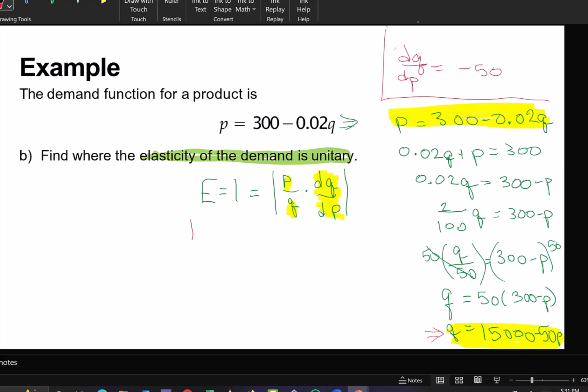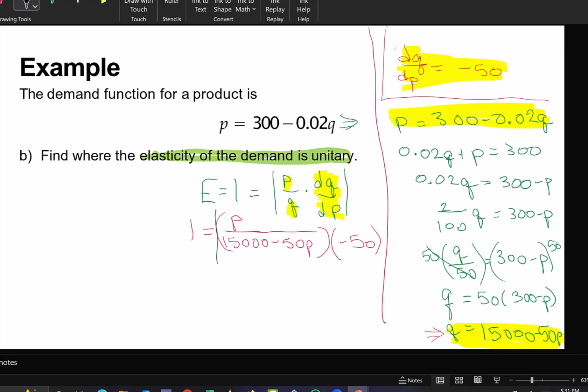My next step would be 1 equals, well, P over Q are both positive, so I can say P over Q, and I'm going to leave Q in terms of P. And then I'm going to multiply that by the derivative of Q with respect to P, which we found here is negative 50.